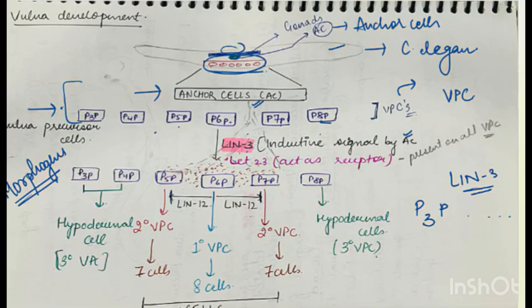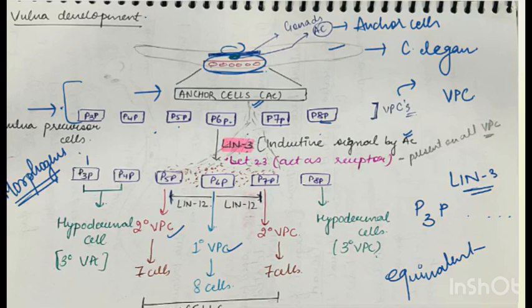anchor cells. All of the vulval precursor cells are equivalent, that is, all of them have the capacity to convert into the primary precursor cell or the secondary one and form the vulva. So all of them will be having the receptor for Lin3.